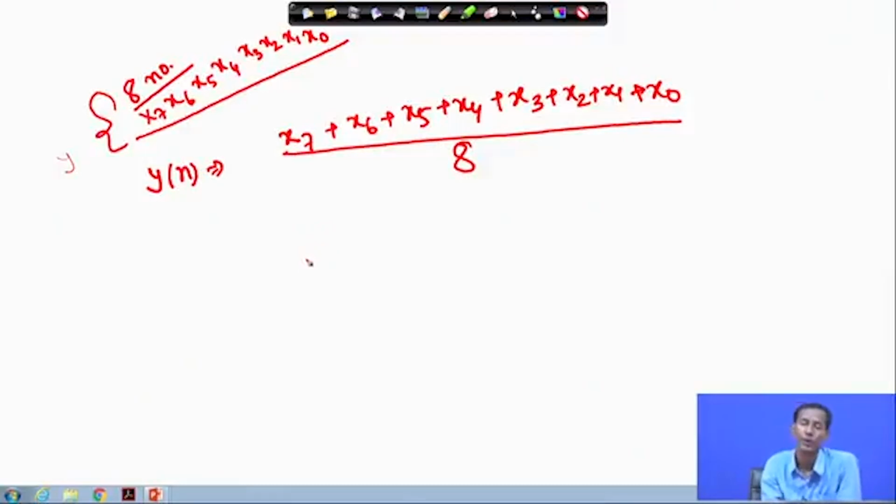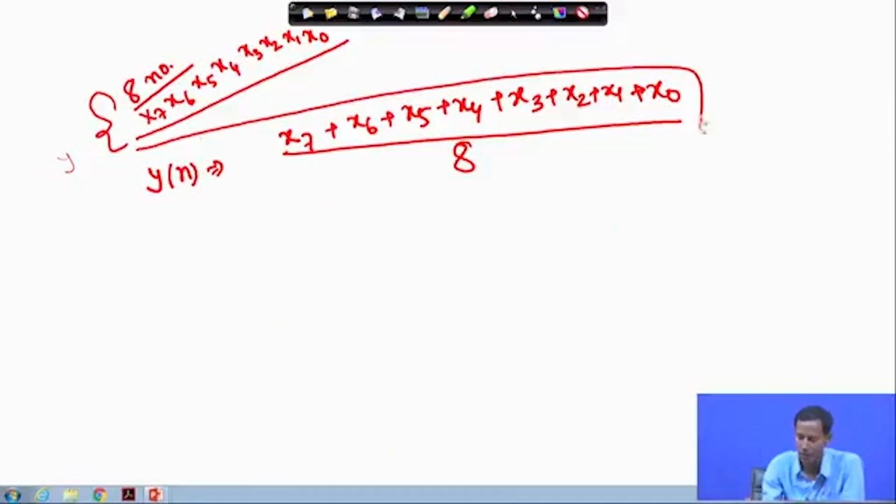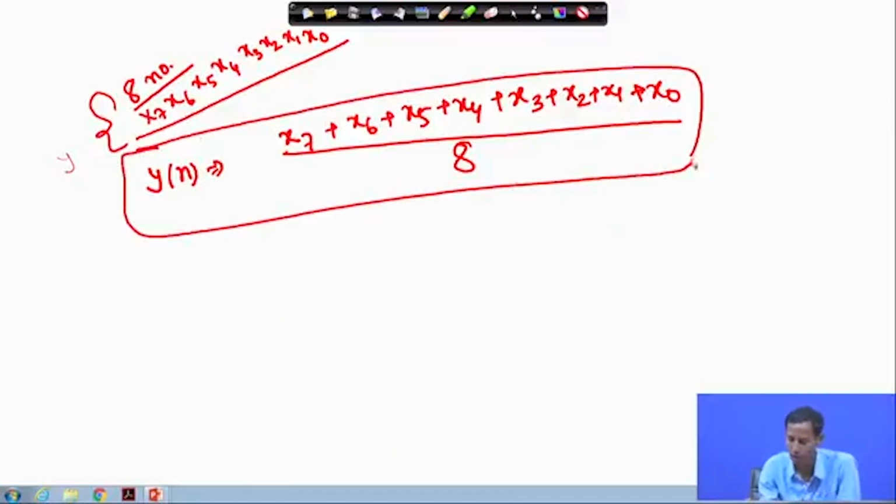Okay. So, in hardware, if I want to implement the corresponding circuit for this, how can I do it?